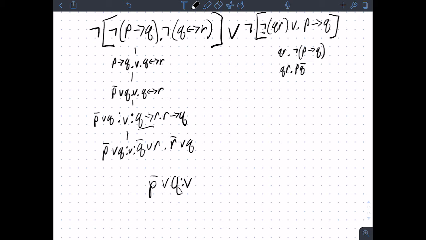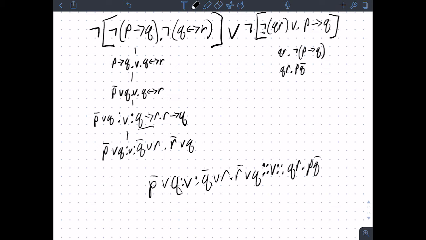Or Q or R, and R or Q. And then I think we need 3, but I'm going to go with 4 just for emphasis. Or Q, R, and P, and not Q.